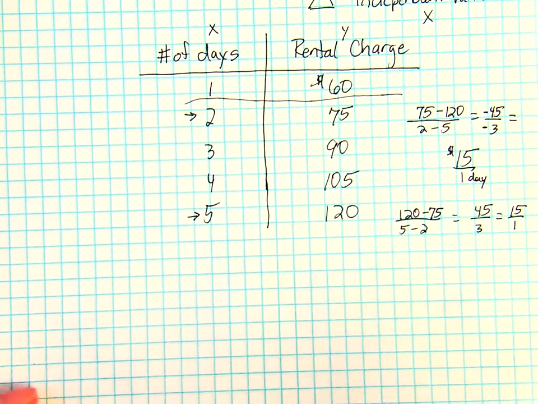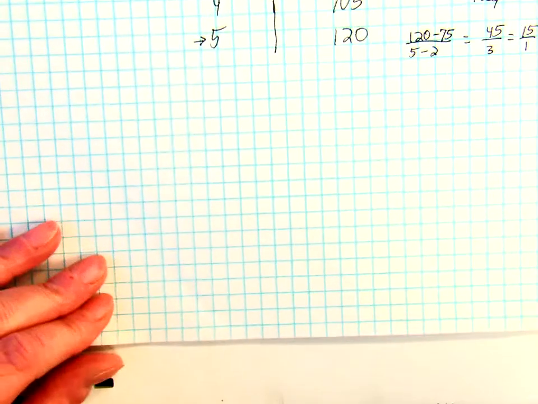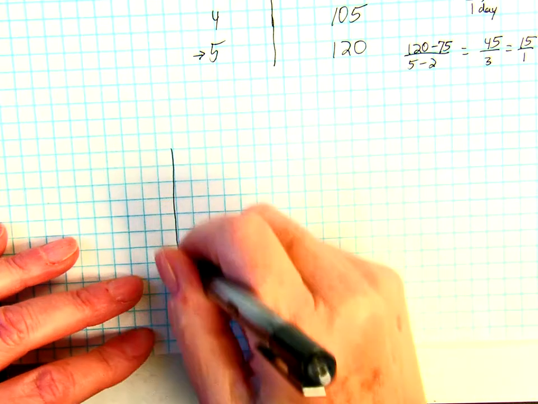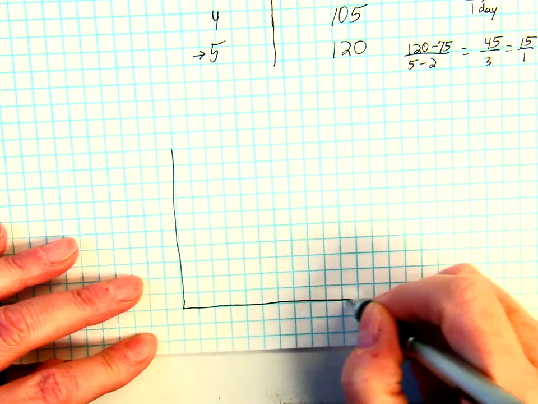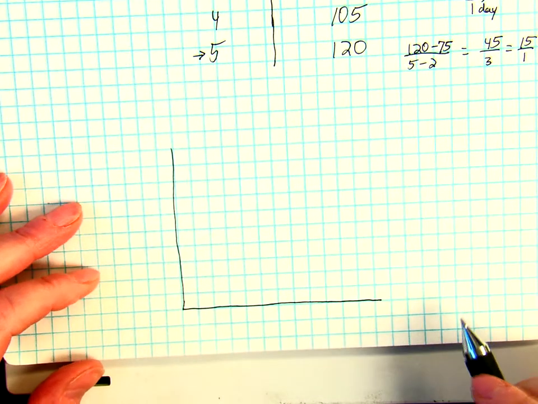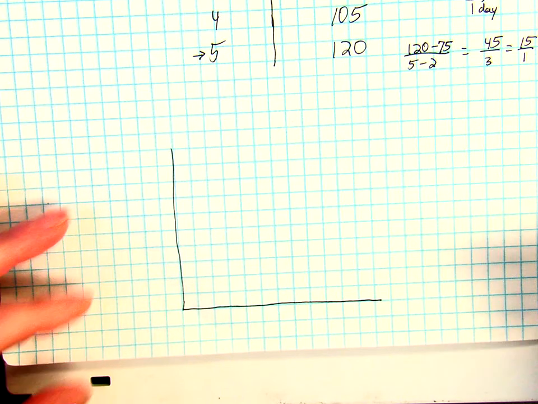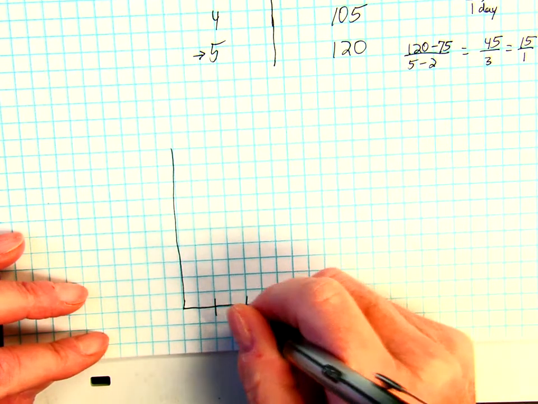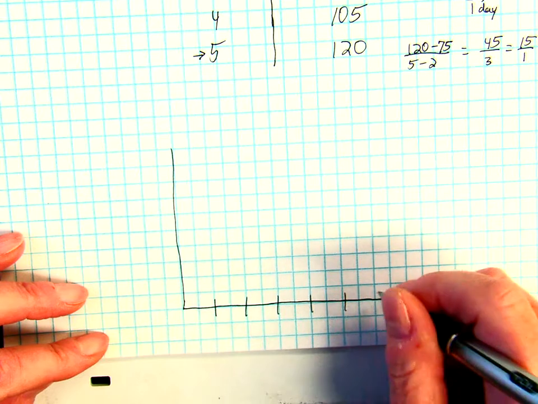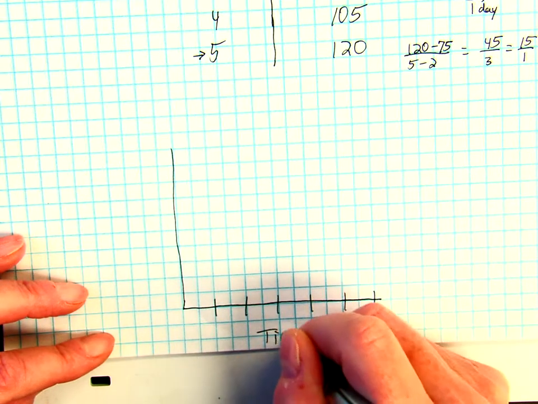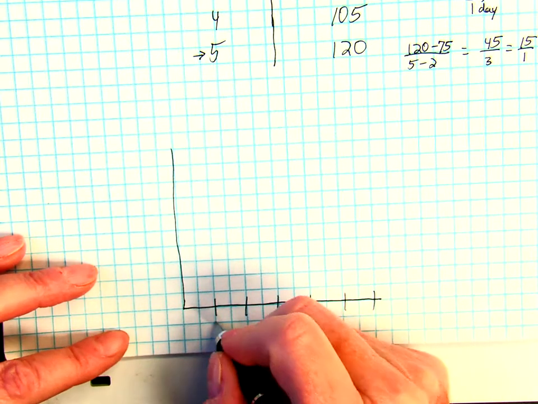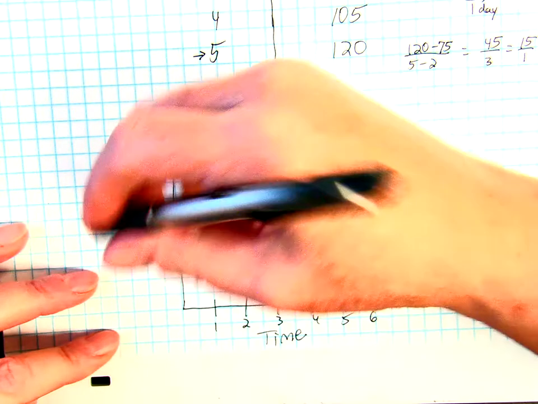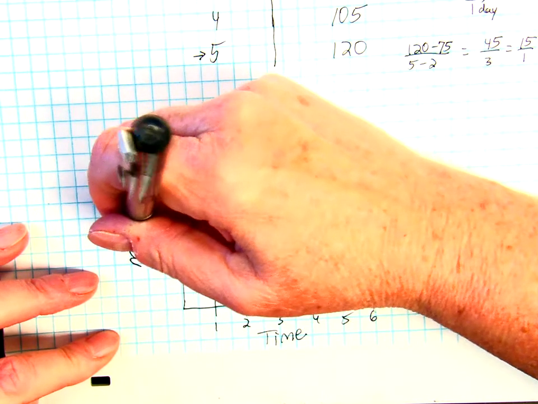Now, if we are doing rate of change using a graph, let's say we have a graph, and for rate of change, typically we're going to be only in quadrant 1 because our data is all real data, and typically it's positive data. So down here on this graph, this is time, and 1, 2, 3, 4, 5, 6, and we've got miles on our y-axis.